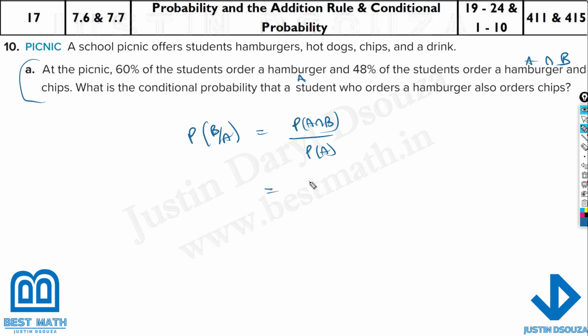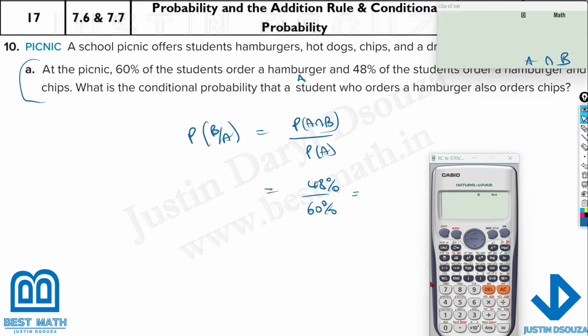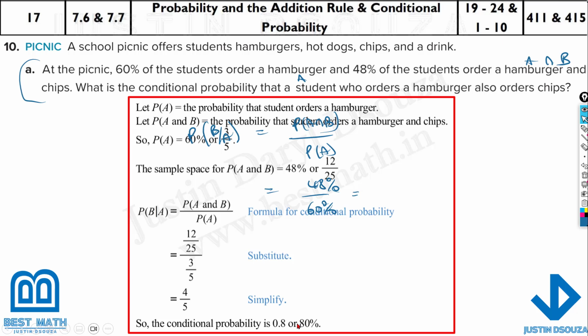A intersection B is how much? 48% divided by 60%. Percent cancels anyways. So that will be the answer. Just put in the calculator, you get the conditional probability. Let's do it in the calculator. Here it is 48% or 0.48 divided by 60%. Also, if you don't write the percent, it's fine. The answer must be 4 by 5 or 80%.